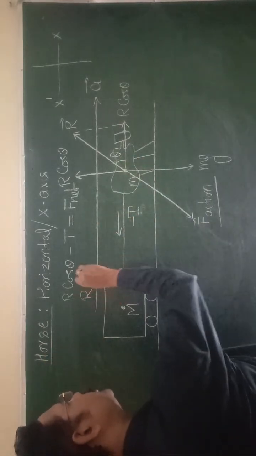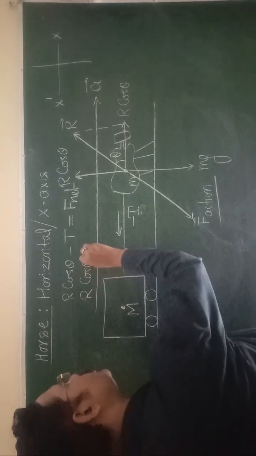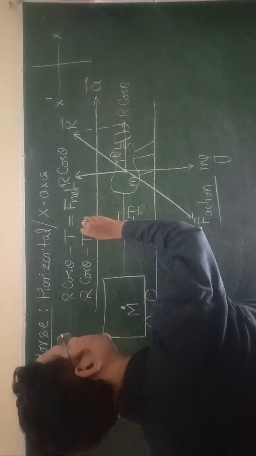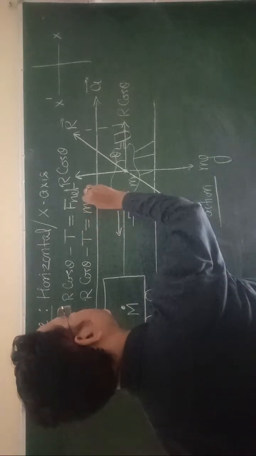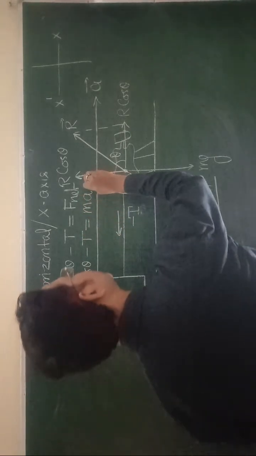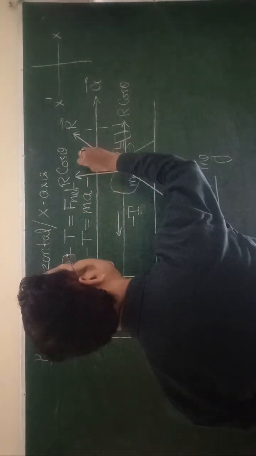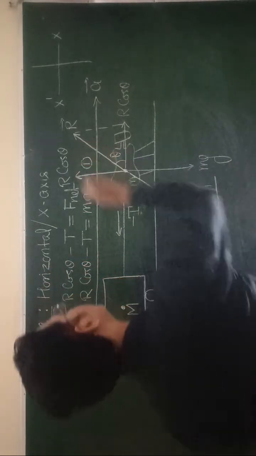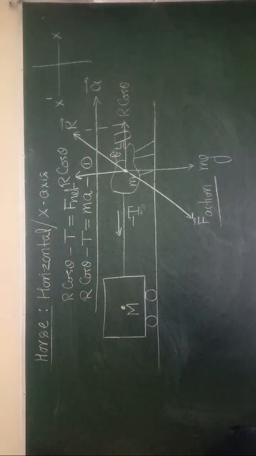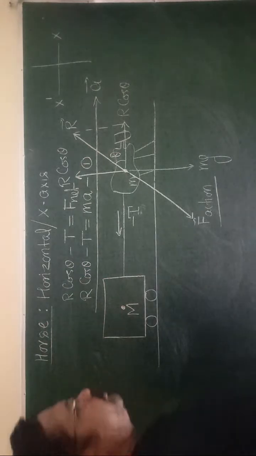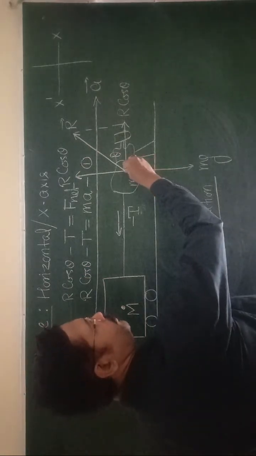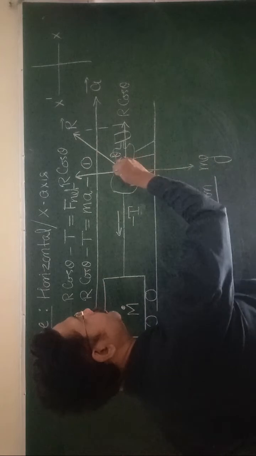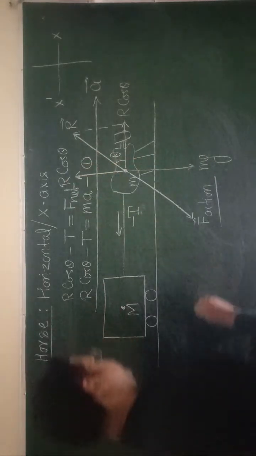So I am writing here R cos theta minus tension is equal to m into a. I consider this is equation 1. See the vertical direction. In the vertical, mg is balanced by the R sin theta.